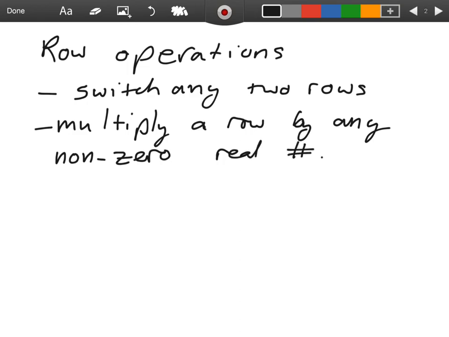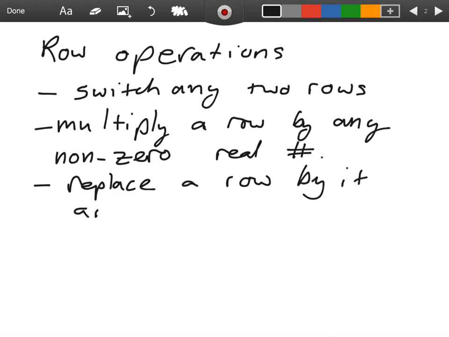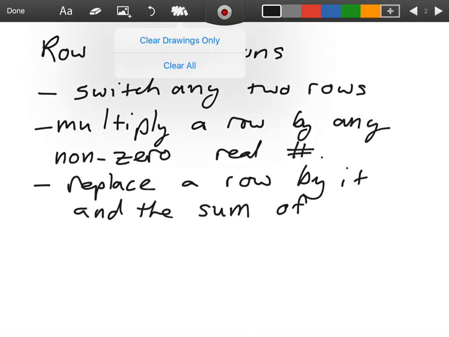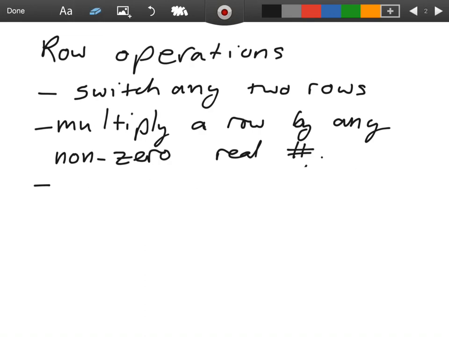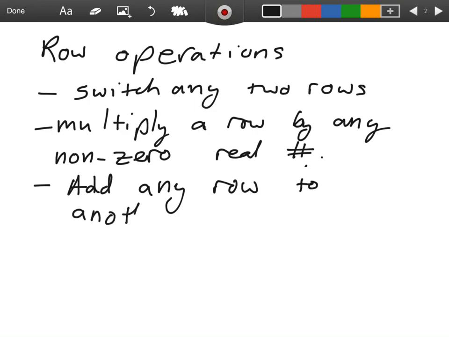And then the last thing we can do is add any row to another row. That's probably a better way to word it.